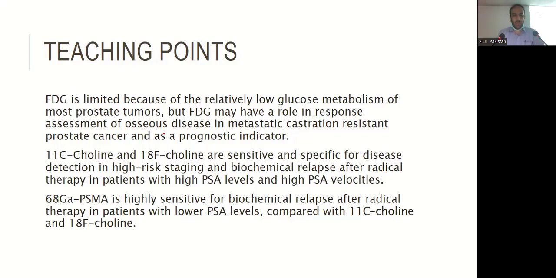So 11-carbon choline and 18-fluorine choline are sensitive and specific for disease detection in high-risk staging and in biochemical relapse after radical therapy in patients with high PSA levels and high PSA velocities. 68-gallium PSMA is highly sensitive for biochemical relapse after radical therapy in patients with lower PSA levels compared with 11-carbon choline and 18-fluorine choline.